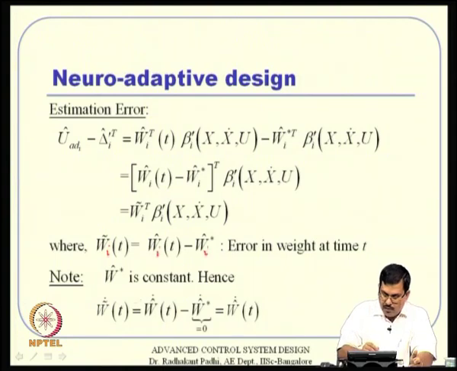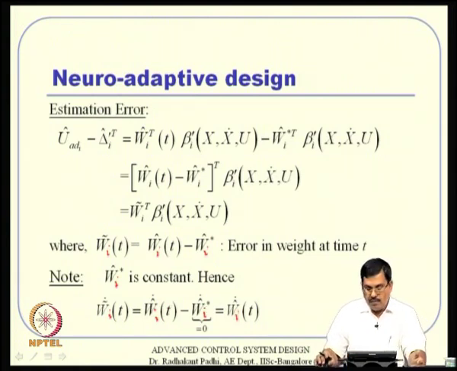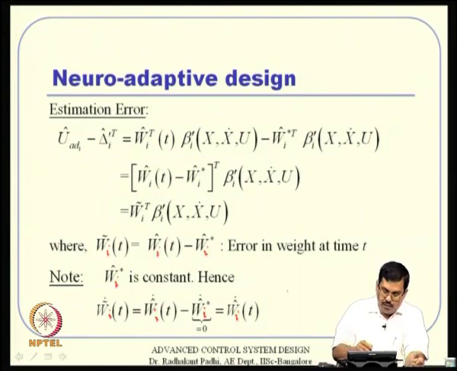Then, to note here, this fellow is 0. So that is gone, which means W I tilde dot is nothing but W I hat dot, that is important to note.